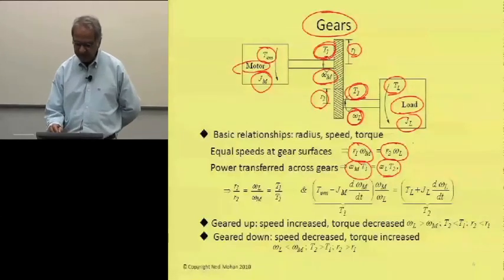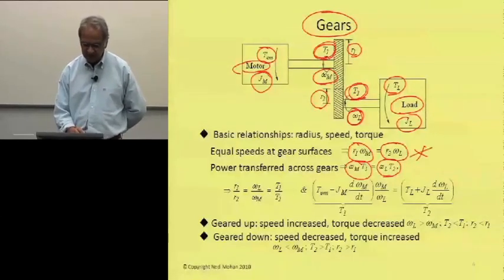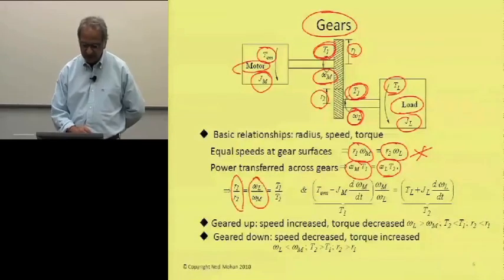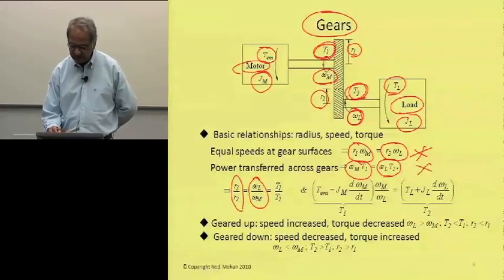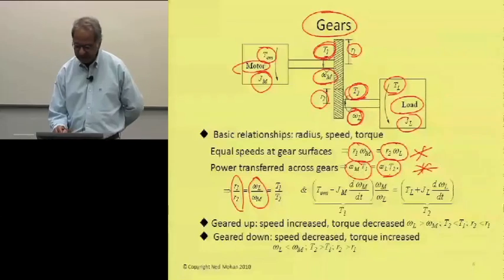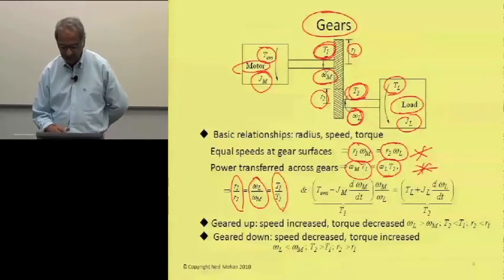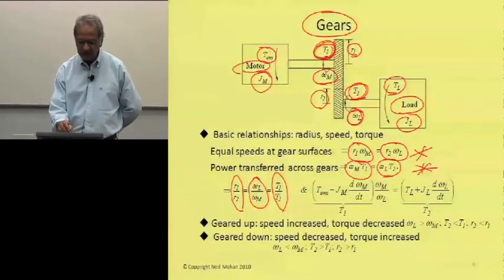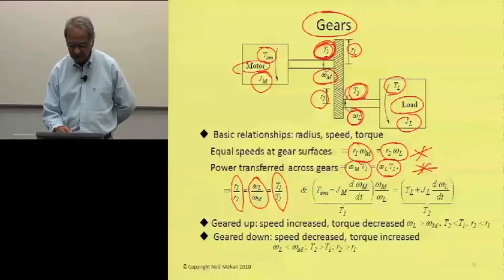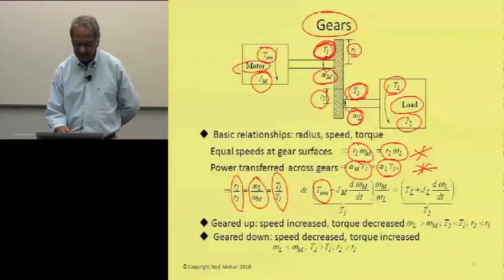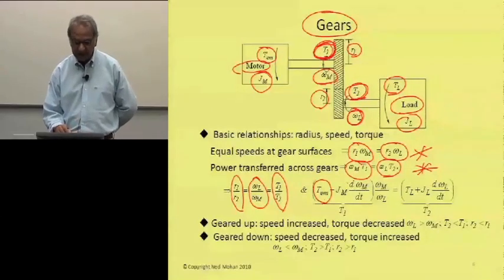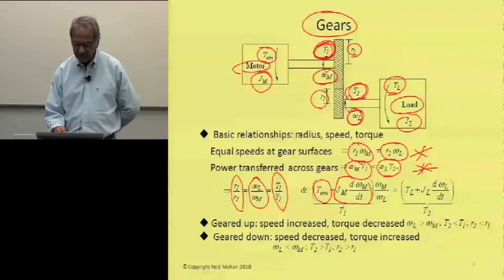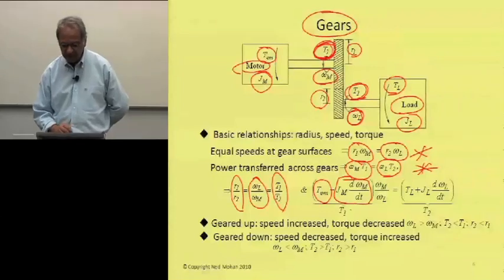We can immediately see from this equation the relationship between R1 and R2 is given by omega L over omega m, and from this equation we can see that omega L over omega m is equal to T1 over T2. And what is T1? T1, which is transferred to this gear, is the electromagnetic torque produced by the machine minus the acceleration torque required to accelerate this motor itself.